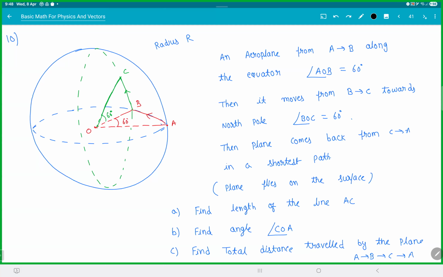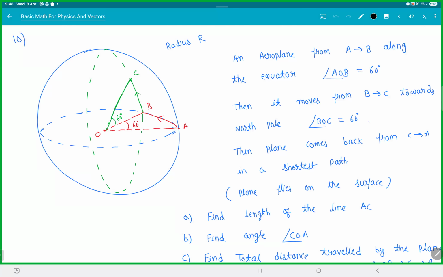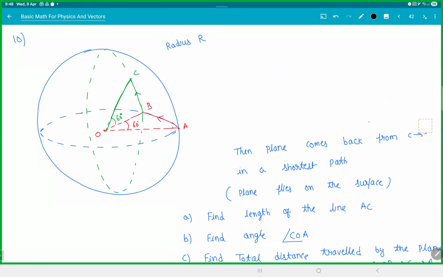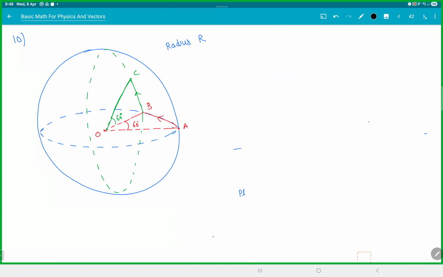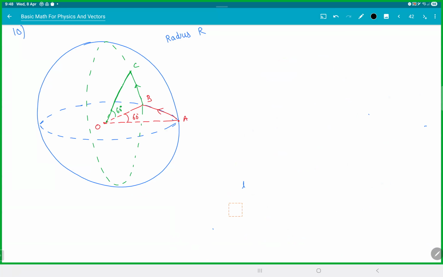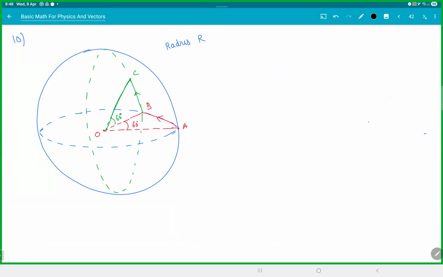Okay, let's see. So first thing you can clearly see here, if you try to convert this into polar coordinates, the coordinates of C will be r comma 60 degrees comma 60 degrees.